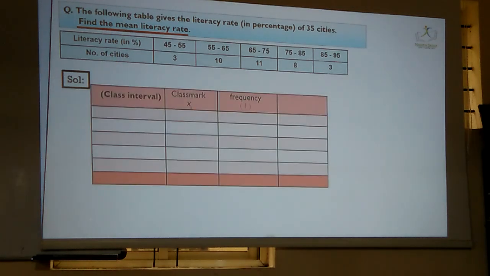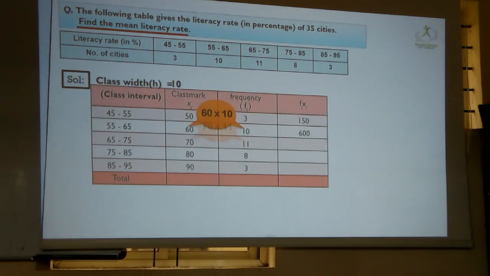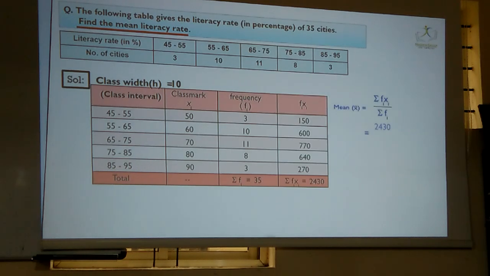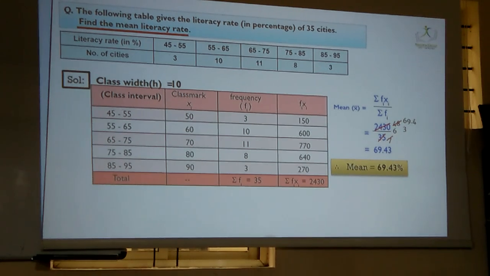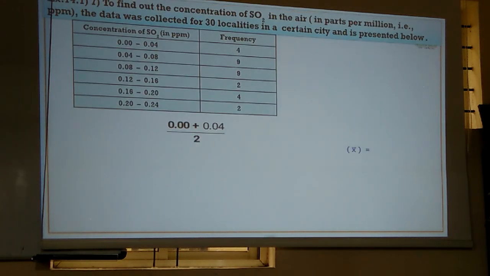Let me draw the tabulation for this: class mark, frequency, sum of frequency, sum of Fi Xi using direct method. To solve it, you get the answer as 69.43 percent, which is the mean literacy rate.